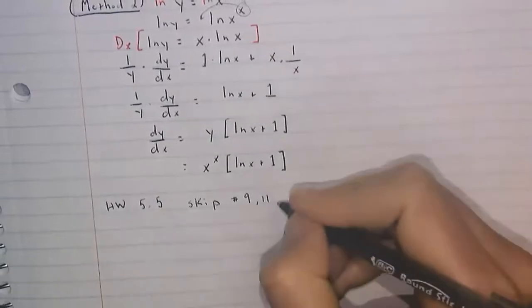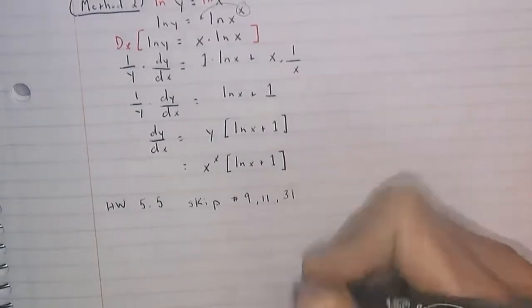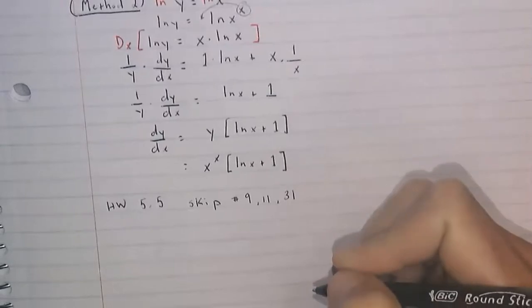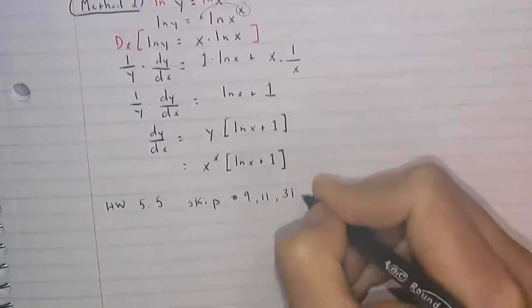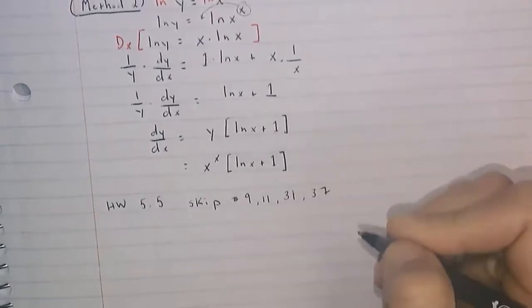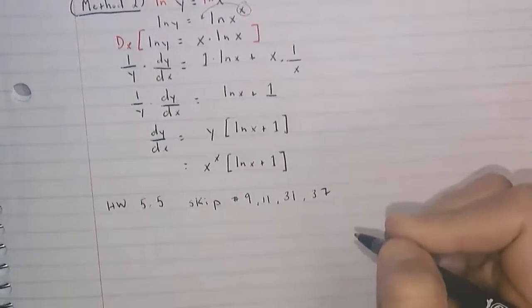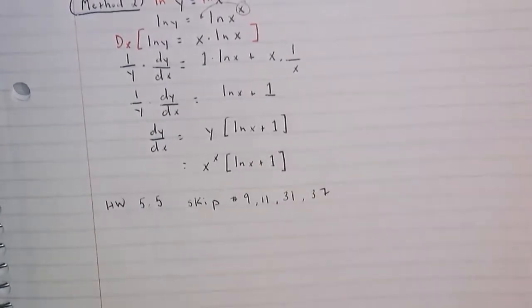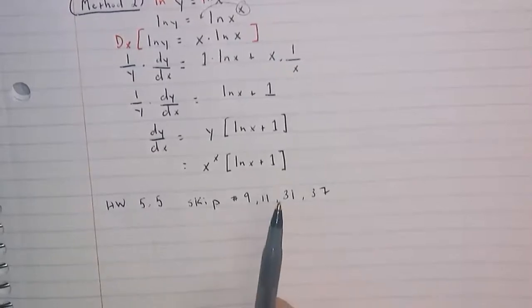No, we're gonna skip 31. 31, I don't care about. 37, we're skipping. Bro, I am just hooking you guys up. 53, what's 53? 53 is good. Yeah, so basically cutting the assignment almost in half.